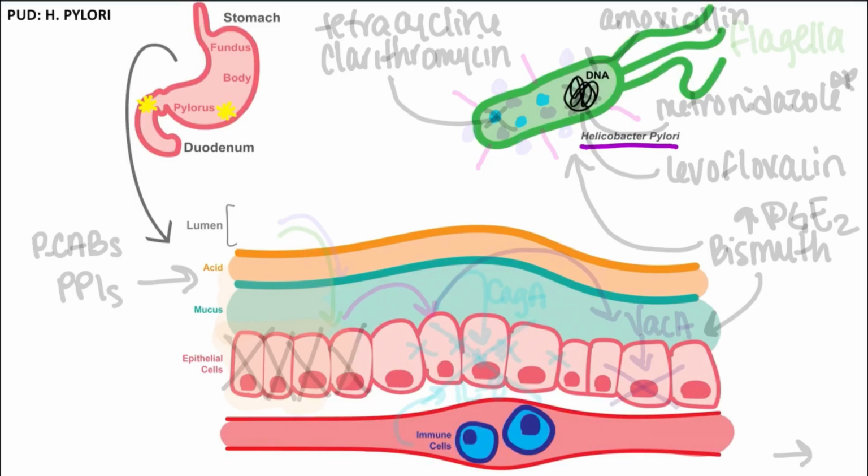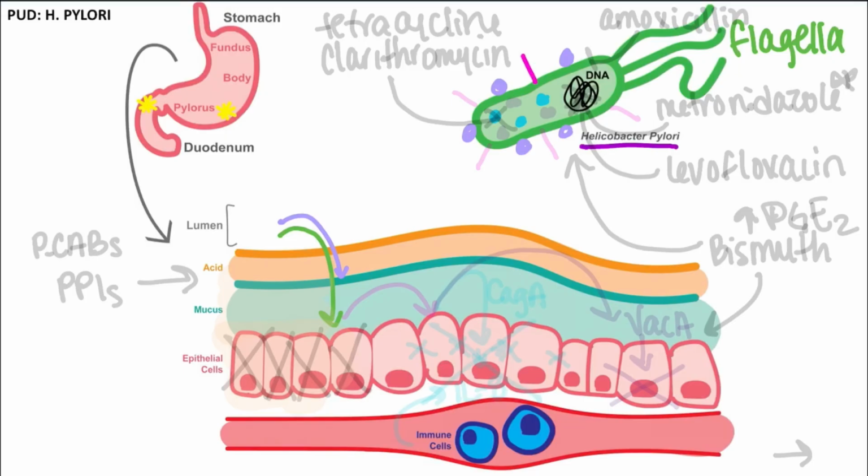So first is the flagella, mediating motility through these layers to reach that epithelial layer. Second is the expression of urease, which cleaves urea into ammonia and carbon dioxide, which can neutralize the gastric acid, promoting a better environment for H. pylori survival.